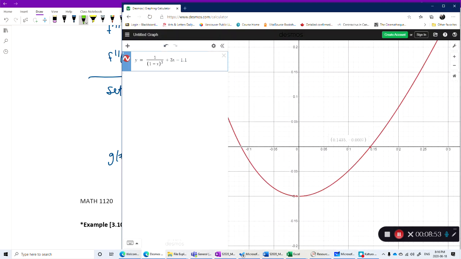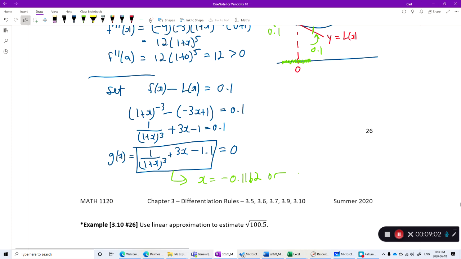So one answer is x is negative 0.1162, and the other one is here. It looks like that's 0.1441.